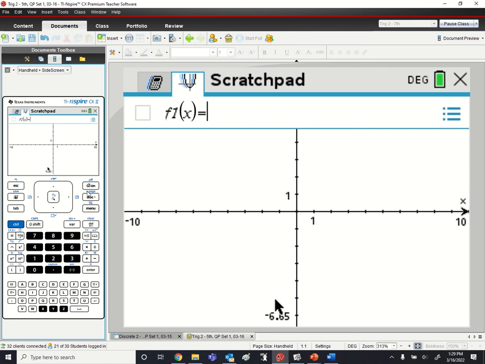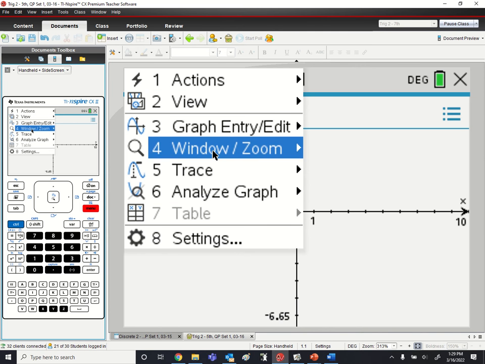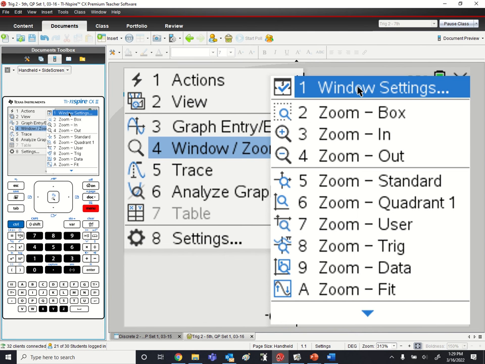So from here, I'm going to hit Menu, Window Zoom, Window Settings.